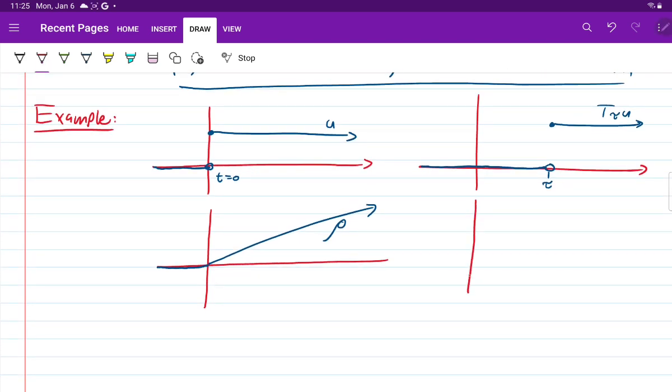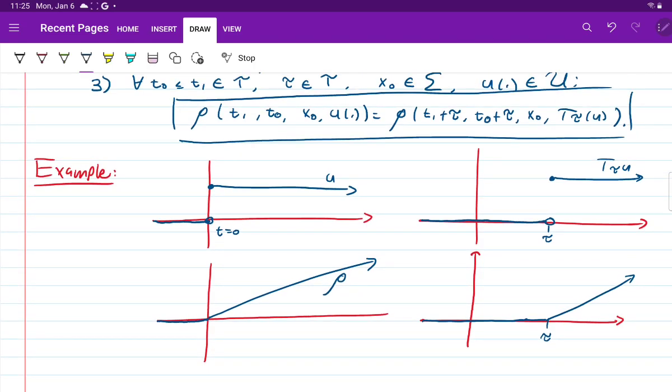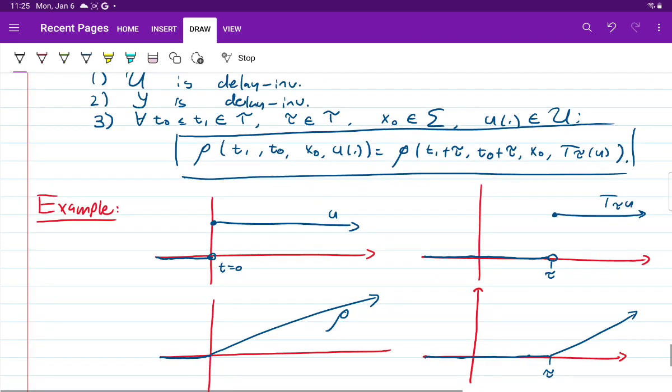If the system is time invariant, the corresponding output should just be shifted over by time tau as well. So the output should satisfy this. We've delayed our input, and our output gets delayed as a result. It's the same exact signal, just pushed over to have the same delay as our input signal. So this is time invariance.